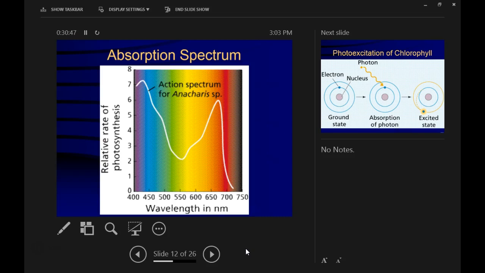Now, it turns out that how pigments work is that they will absorb a photon at a certain wavelength. These pigments are very, very specific on the small range of wavelengths that will cause their electrons to be bumped to a higher energy level. Let me show you a little diagram here.